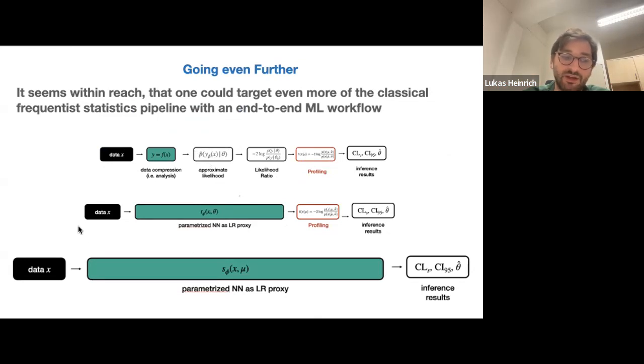You use the samples differently than for density estimation: you use them to train the neural network that then directly outputs the test statistic that you're looking for.